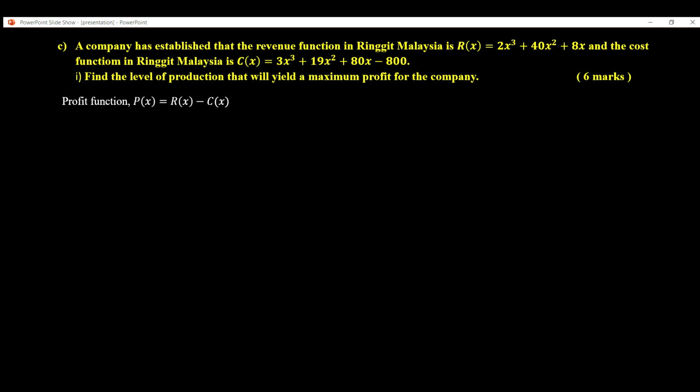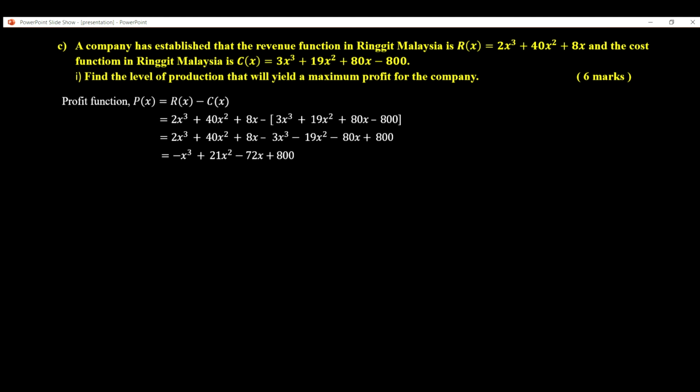So the profit function is equal to revenue minus cost, which is 2x cubed plus 40x squared plus 8x minus 3x cubed plus 19x squared plus 18x minus 800. Then we get the profit function is negative x cubed plus 21x squared minus 72x plus 800.